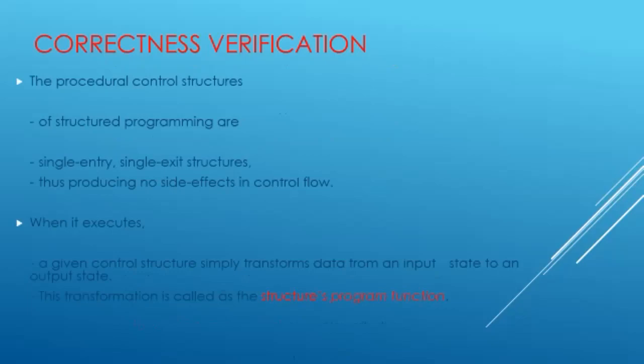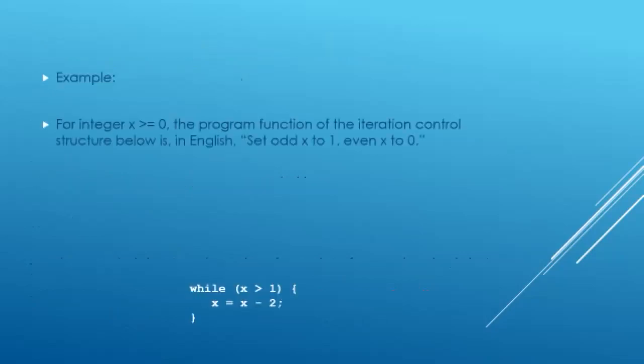The procedural control structures of structured programming are single entry, single exit structures, thus producing no side effects in control flow. When it executes, a given control structure simply transforms data from an input state to an output state. This transformation is called the structure's program function.